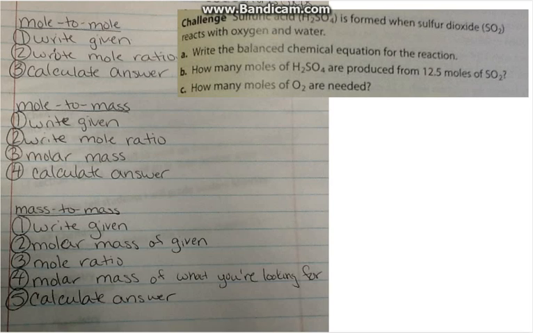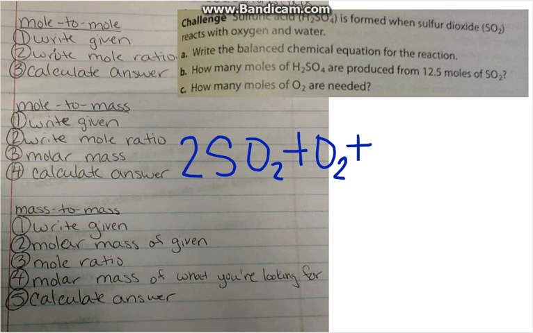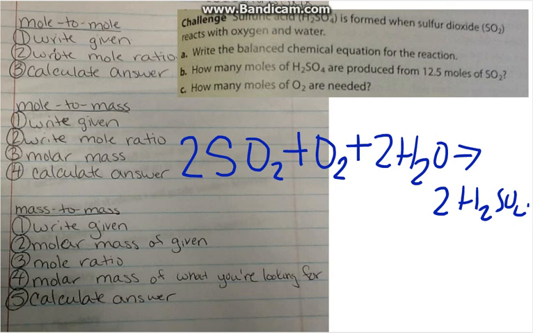So here is your balanced chemical equation for the very first problem. 2SO2 plus O2 plus 2H2O yields 2H2SO4. So that's your balanced chemical equation.